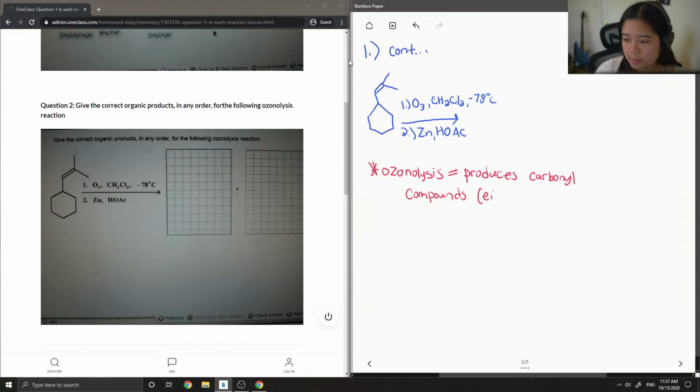By carbonyl compounds, I mean either ketones or aldehydes.